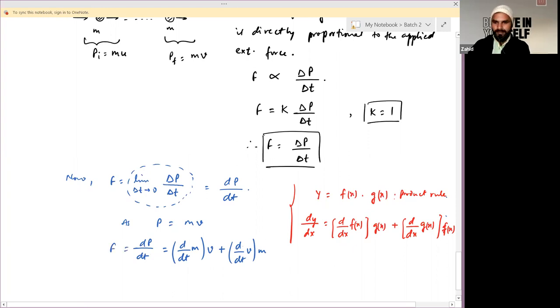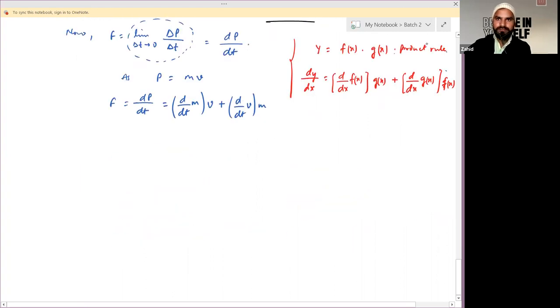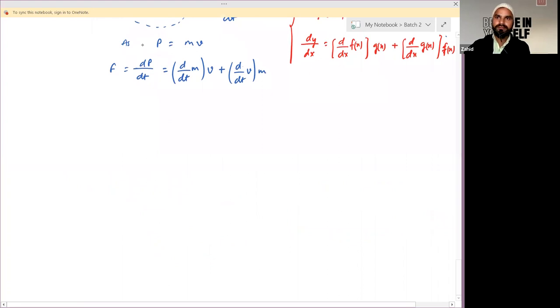Yes, sir. Now we can say if mass is constant, differentiation of any constant term will be 0.